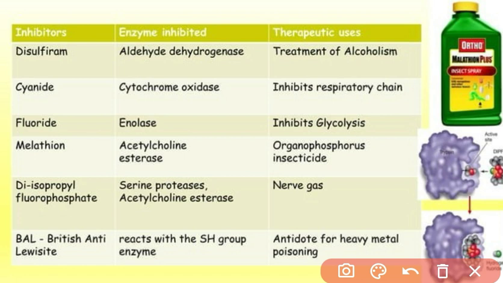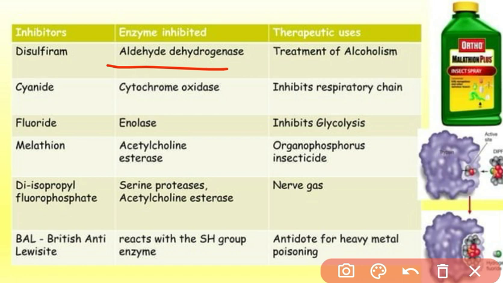Disulfiram works by inhibiting the enzyme acetaldehyde dehydrogenase, or aldehyde dehydrogenase. This is a hepatic enzyme of the oxidative pathway of alcohol metabolism. This enzyme converts acetaldehyde to acetate.